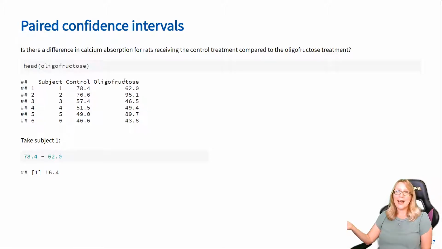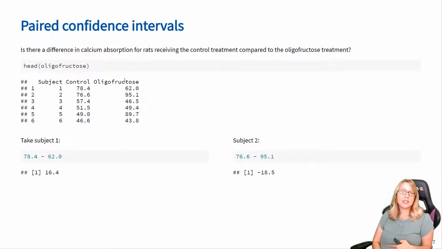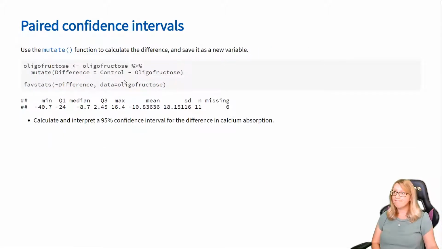Subject 1 had higher absorption under the control. Subject 2, the difference is 76.6 minus 95.1, or negative 18.5. This tells me that subject 2 had higher absorption under the treatment.